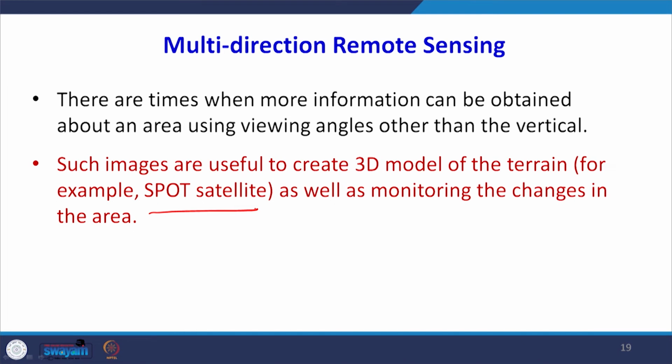In multi-directional remote sensing, you are watching a particular area not only vertically down but from different angles, multiple scenarios, so that you can create a 3D model, like the stereo images of the same area taken from two different positions. So you have multiple angle views.